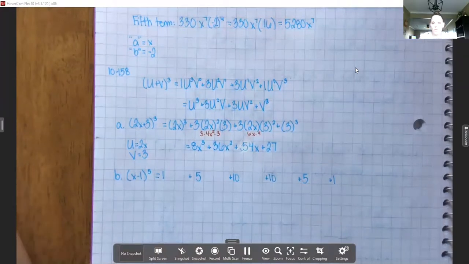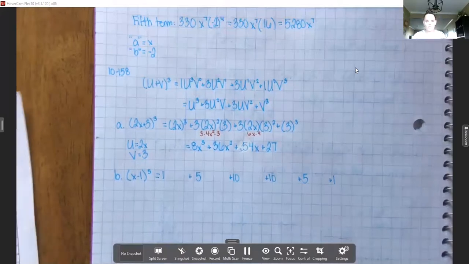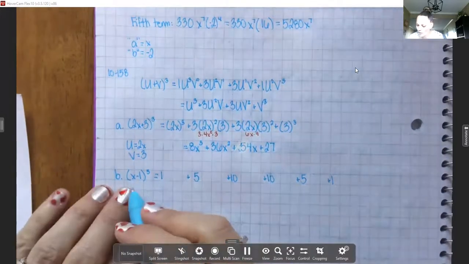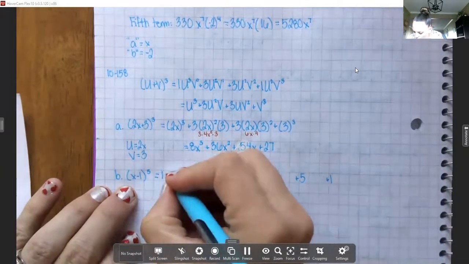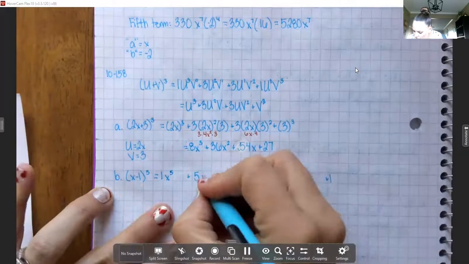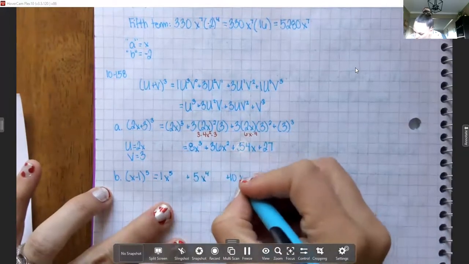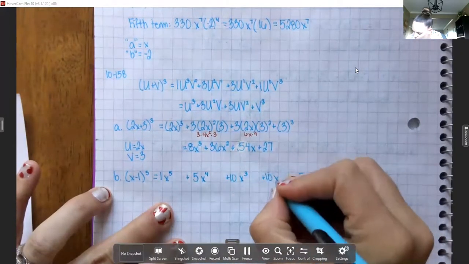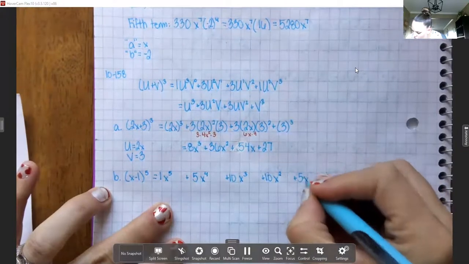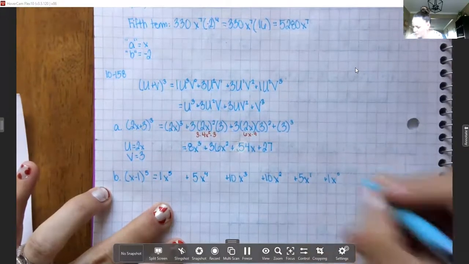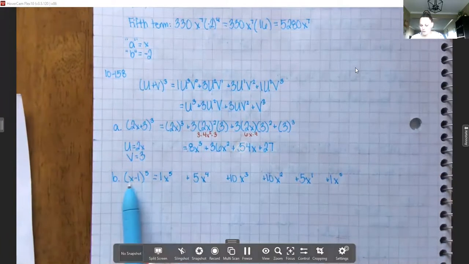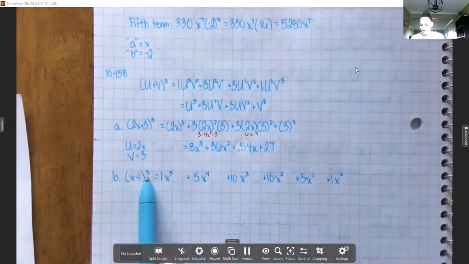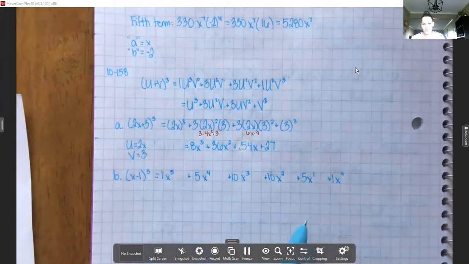And then we start, so this would be x to the 5th, x to the 4th, x to the 3rd, x squared, x to the 1st, x to the 0. Whatever this first term is, we start with this exponent and we count down.